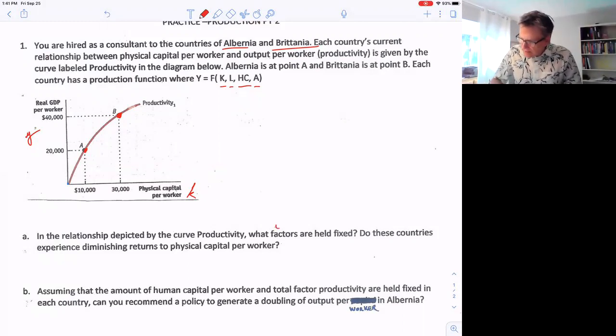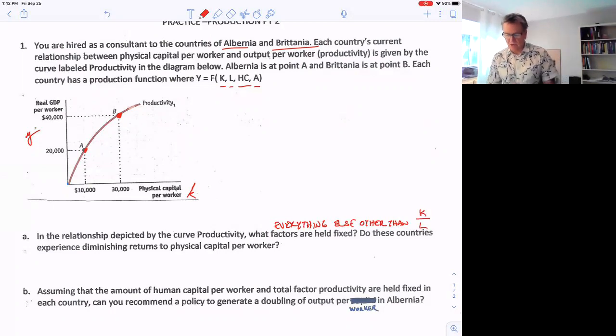Really everything else, except K over L. So other than little k, which is big K over L. Do these countries experience diminishing returns to physical capital per worker? Absolutely, because you can see by the shape of that curve that it does.